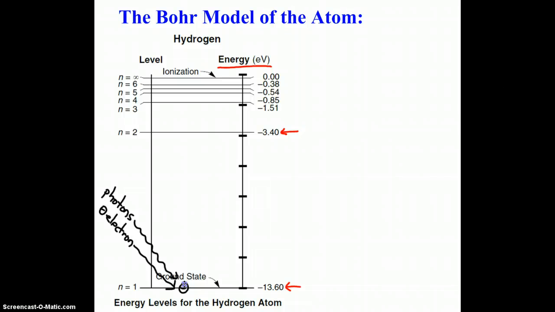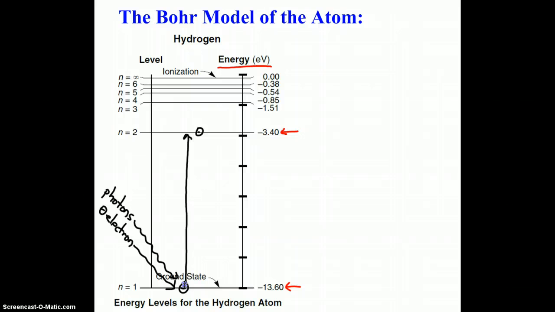Let's suppose we had an electron in the ground state and it got hit by a photon which caused the electron to rise up to the n equals 2 state. How much energy would that photon have to have?